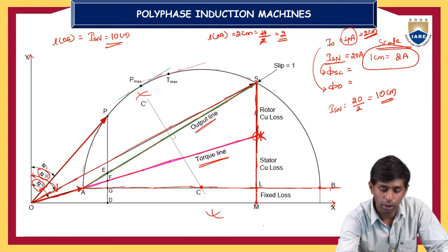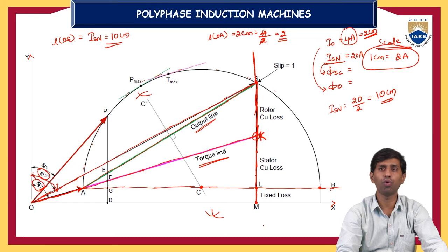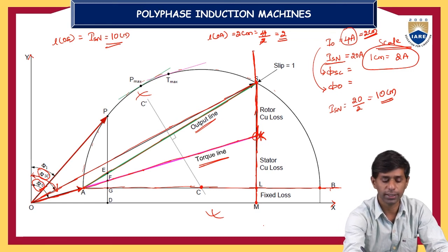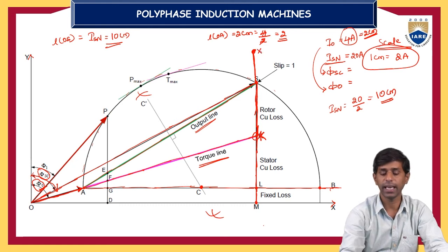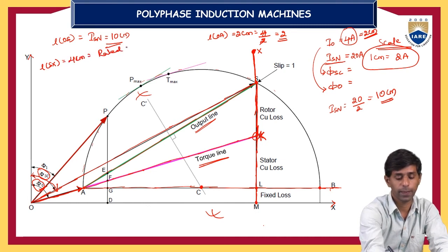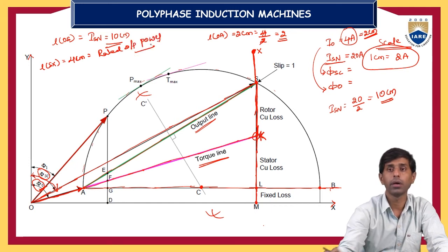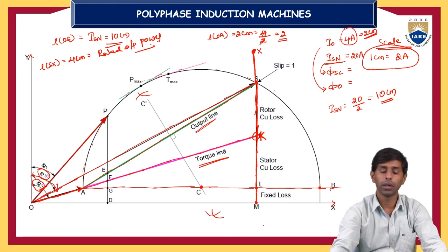Now we have to draw from point S a 4 centimeter vertical line, for example to some point X. SX is 4 centimeters, equal to the rated output power of the machine.